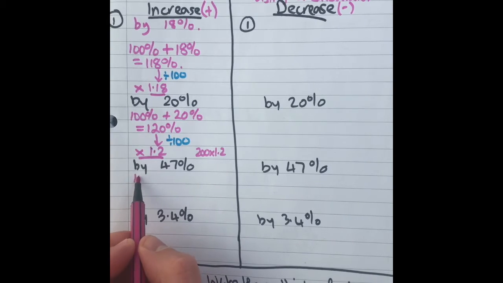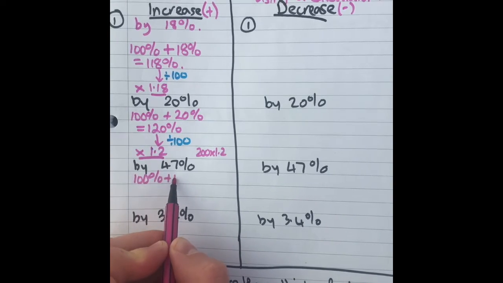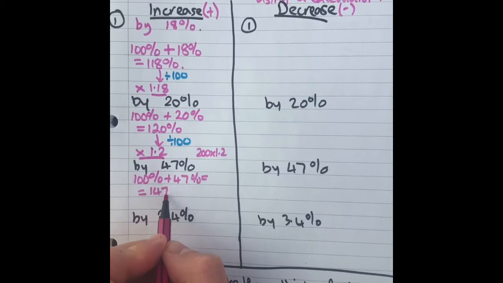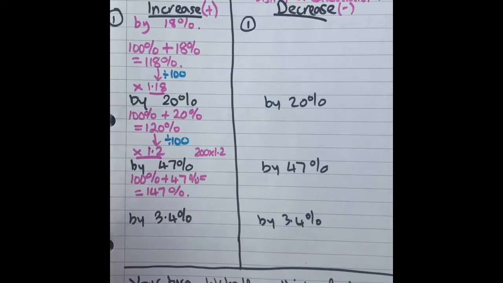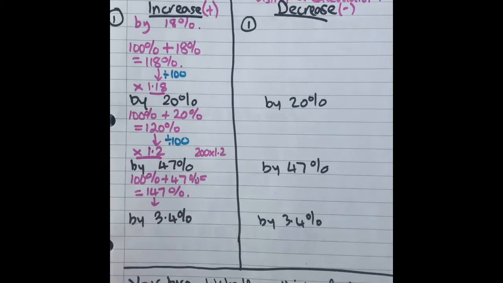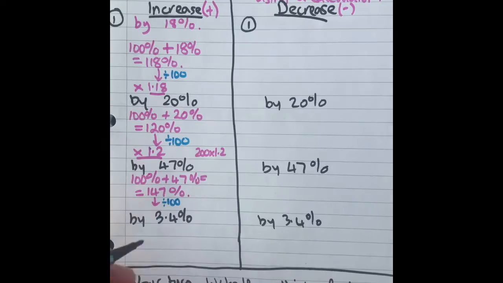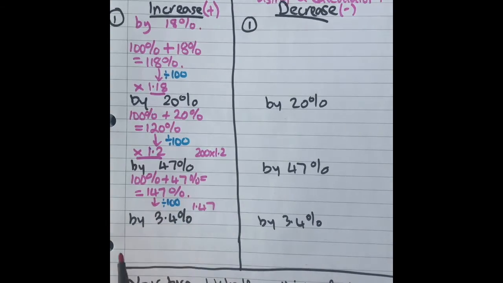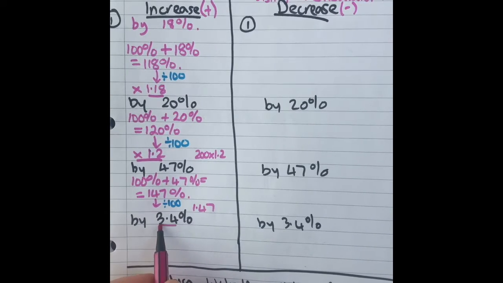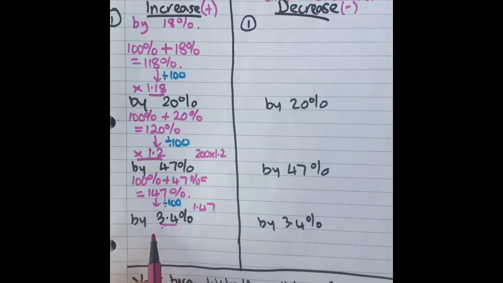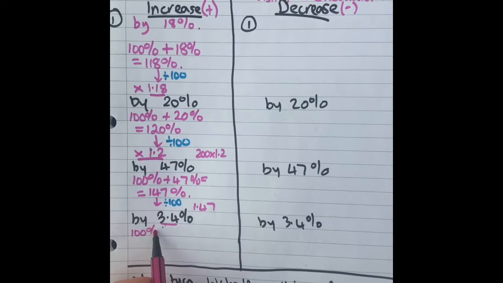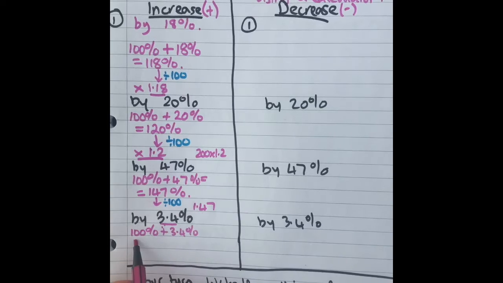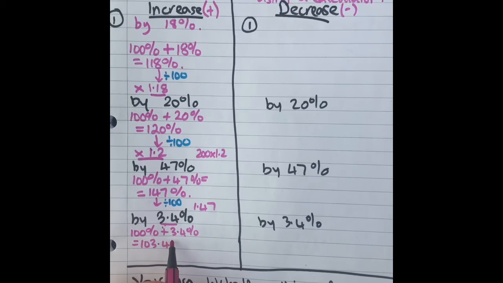Third one, start with 100, add 47, you get 147%. Then how do you change that into a decimal? Divide by 100, and I get 1.47, and that's the multiplier. Right, decimals are a little bit trickier, so just be careful. Follow the same process. 100, that's the amount you start with, plus 3.4% gives me 103.4%.